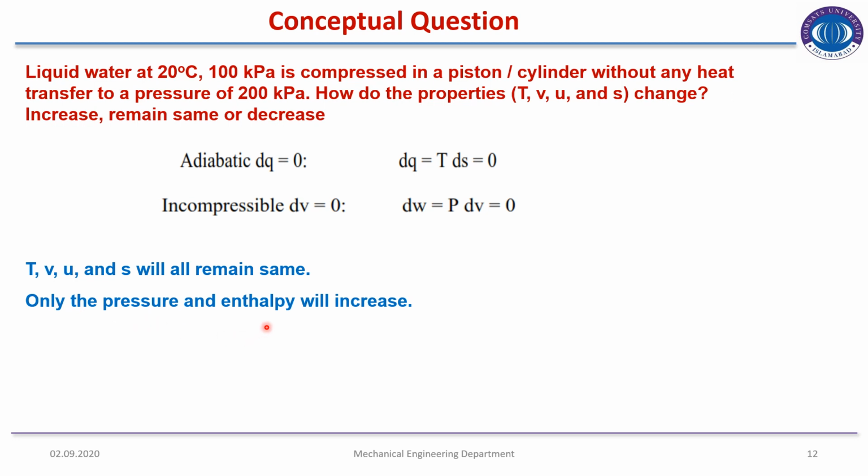Only pressure and enthalpy will increase. The pressure is increased from 100 to 200, and for a liquid or incompressible substance, H is equal to U plus PV. As pressure increases, the enthalpy will also increase.